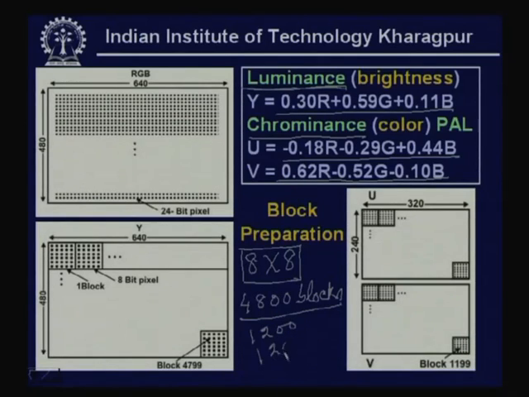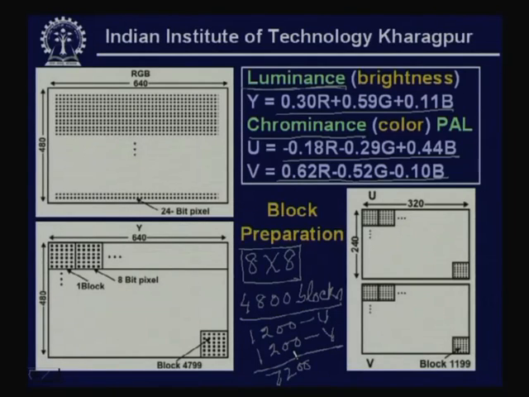So, 1200 for U, 1200 for V, and 4800 for Y. Altogether, 7200 blocks are to be processed.